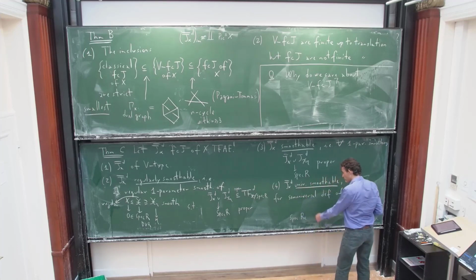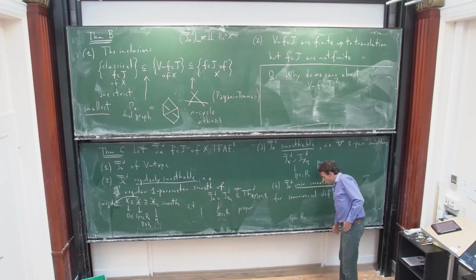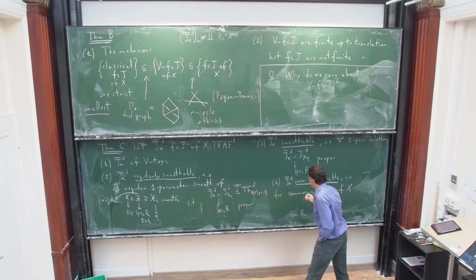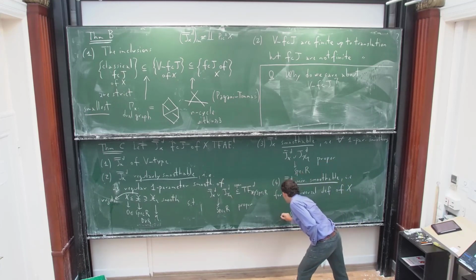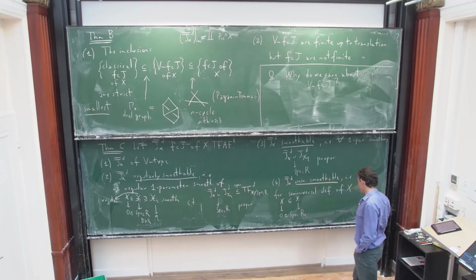This is a formal power series ring, and above it there is a universal family, and such that the special fiber is your X. So that's the semi-universal deformation of X.